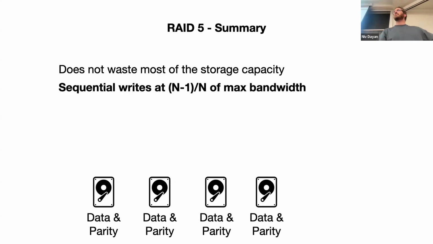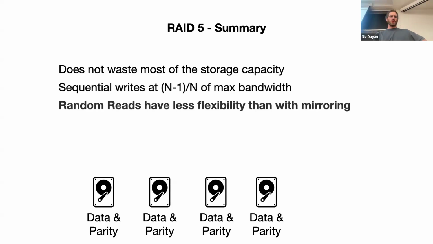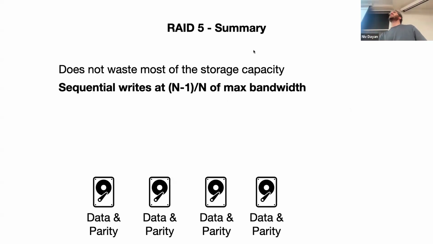How about sequential reads? Sequential reads are still going to be at the combined throughput of all the drives, and again, this is because of the reordering trick that we've seen before.